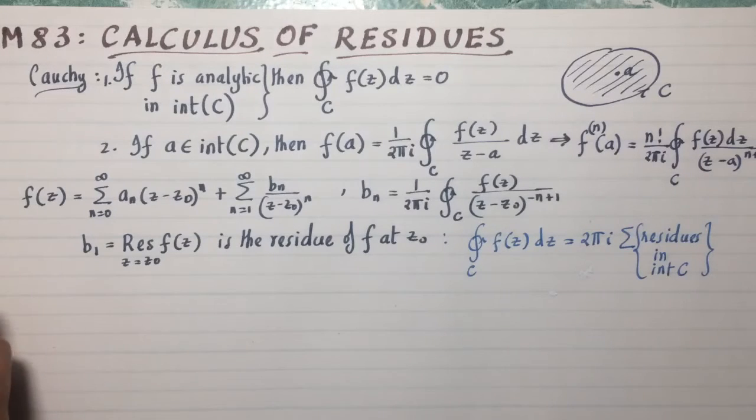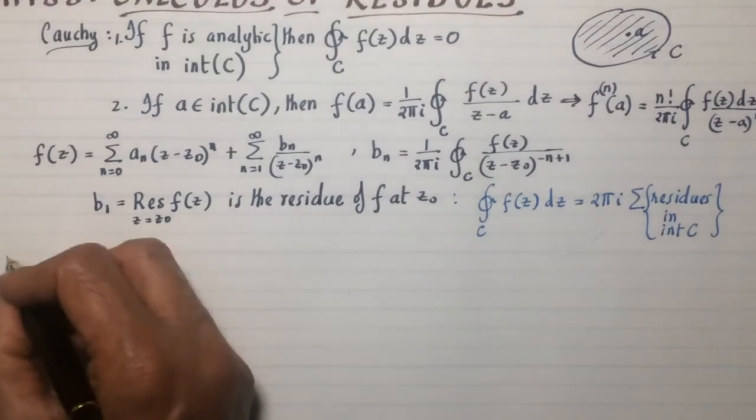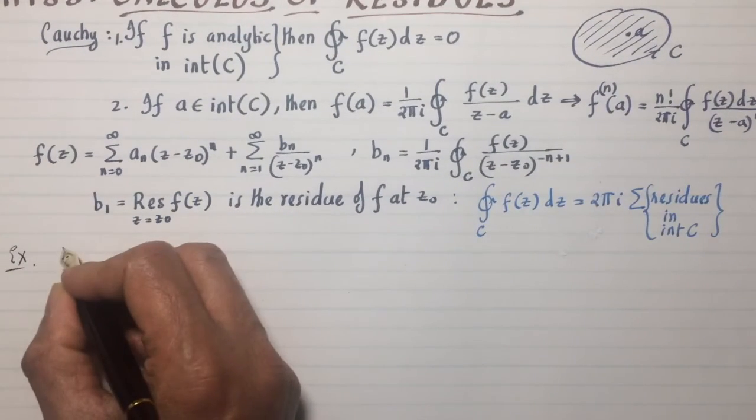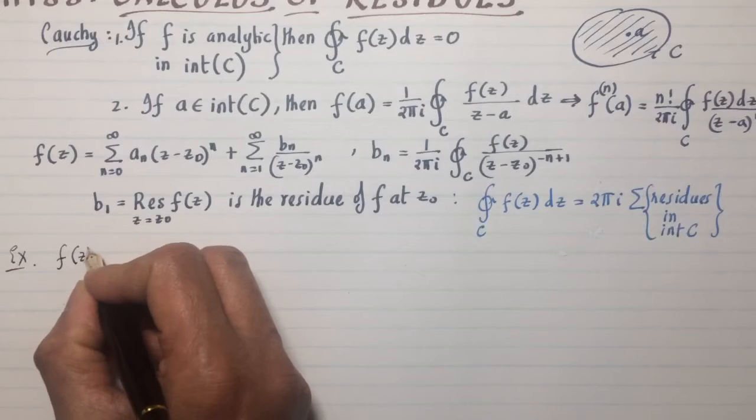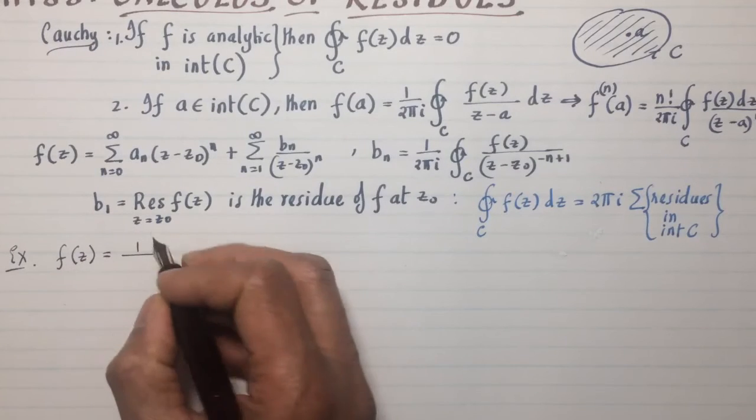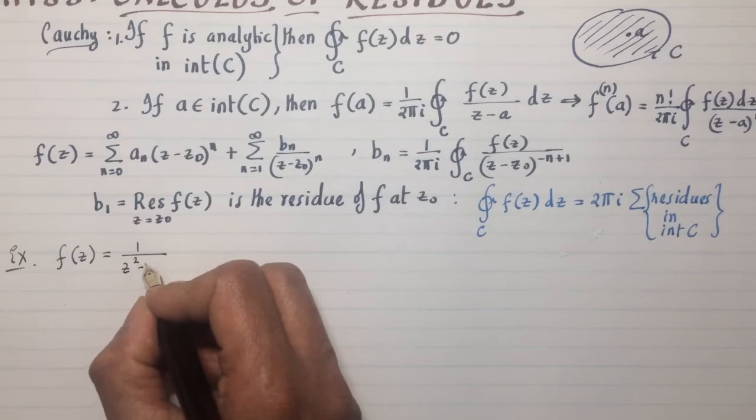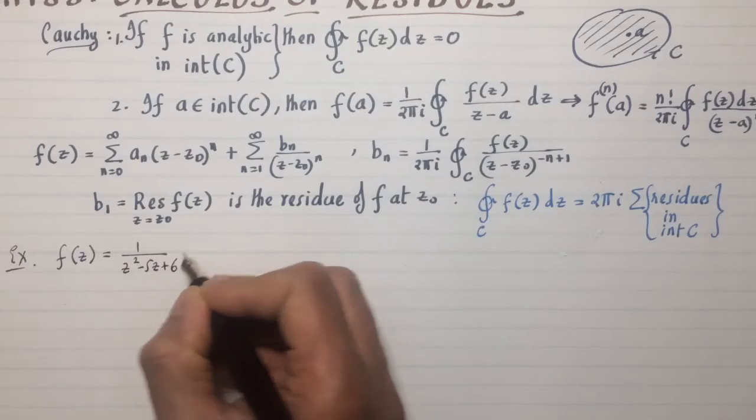Let us actually compute some residues. So let's try finding the residue of the function f of z equals 1 over z squared minus 5z plus 6.